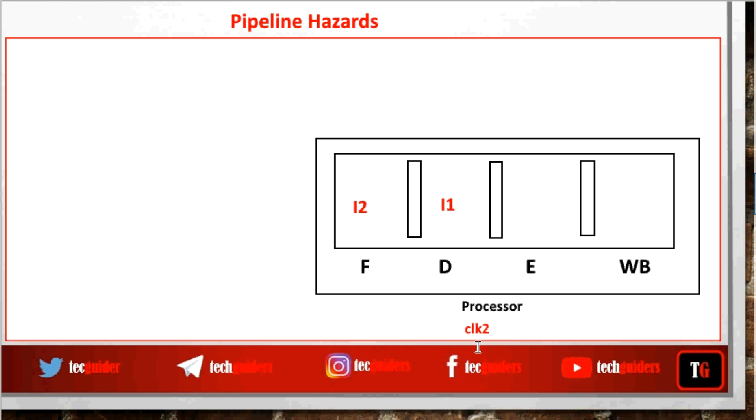Now again consider our clock cycle 2 where instruction I1 is in the decode unit and instruction I2 is being fetched. This time assume that our instruction I1 is a branch instruction. Let it be an unconditional jump instruction. Only at the end of clock cycle 2, when decoding instruction I1 is over, it will be realized that this is a branch instruction and the next instruction to be executed is actually I6, not I2.